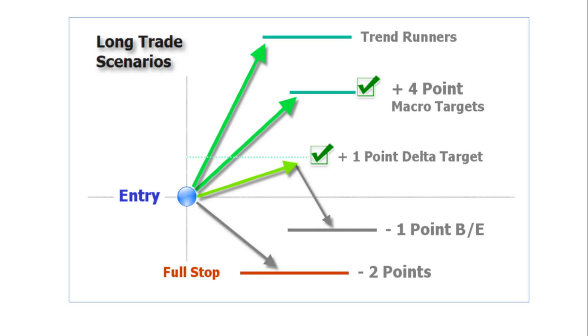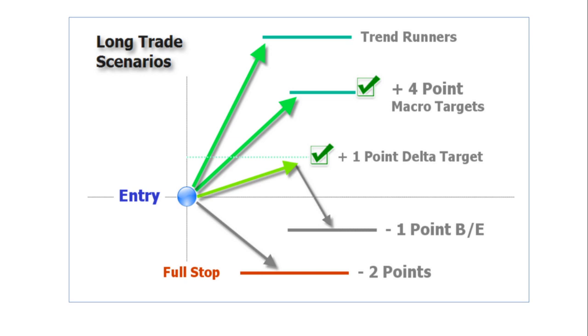So, for instance, with the CL, you might say, okay, I'm going to take a delta target of 10 cents, but then I'm going to have my macro target be out there at like 30 cents. Okay, that's in between the 20-cent and 40-cent target, right? You have a little bit of discretion to do that. Okay, does that make sense?